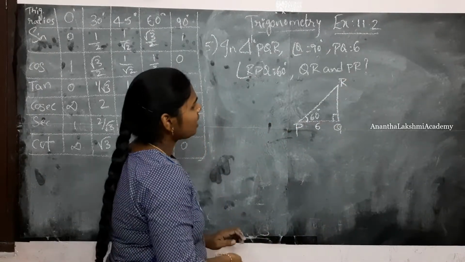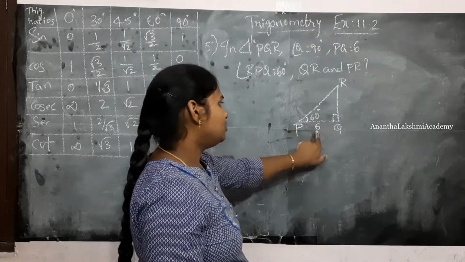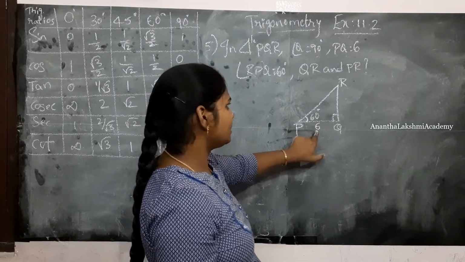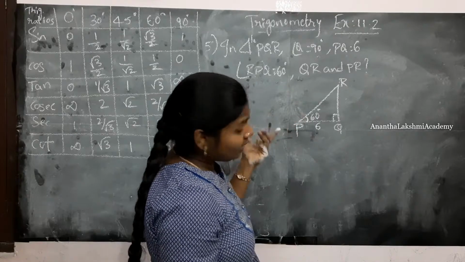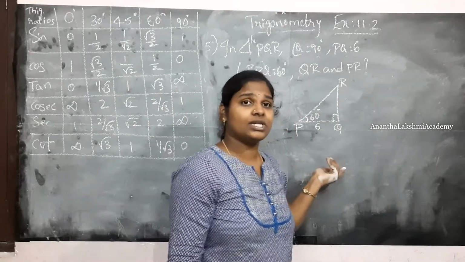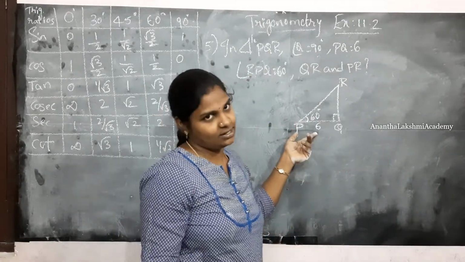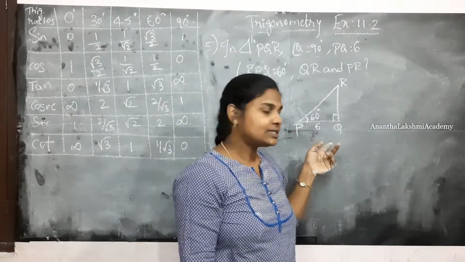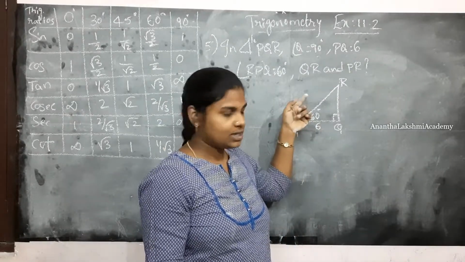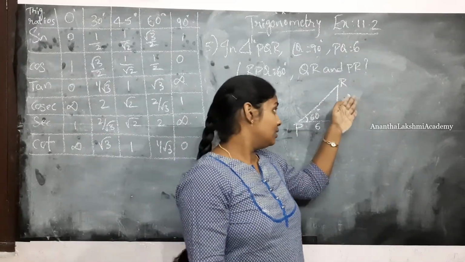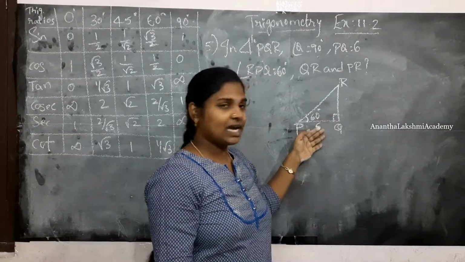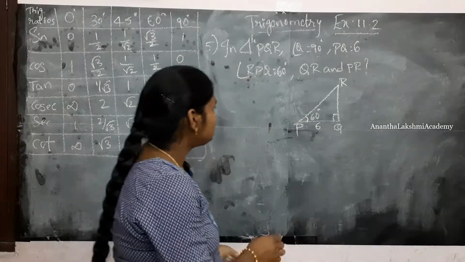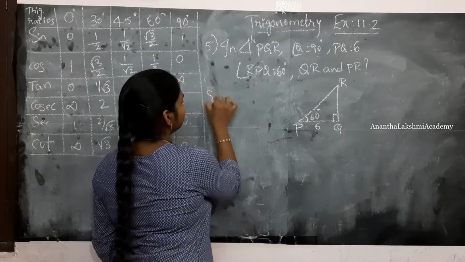Now that we know this 60 degrees, any trigonometric ratio that is associated with the adjacent side, what is it? Either cos or tan. Cos is adjacent by hypotenuse, and tan is opposite side by adjacent side. So let me try writing.